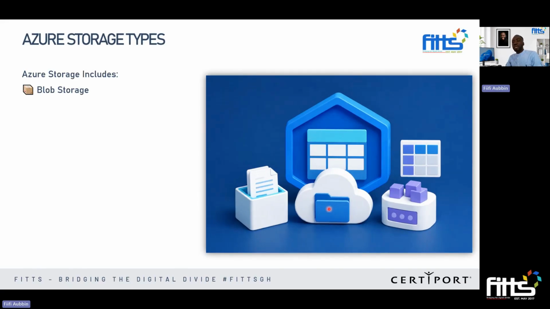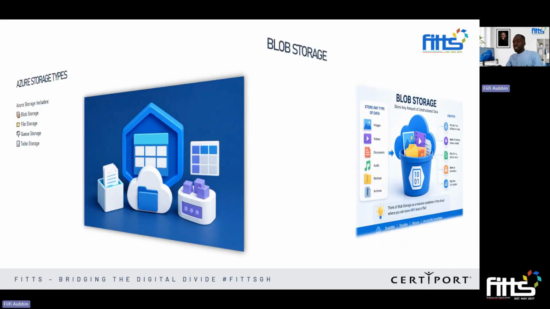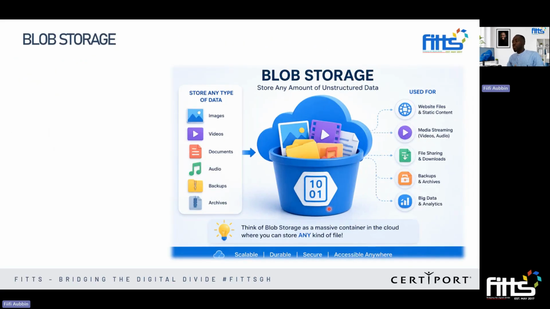So Azure Storage types: we have the Blob, the File, the Queue, and the Table Storage. We're going to get into the details in the subsequent slides. Blob Storage can save anything: images, videos, documents, audio, backups, and archives.